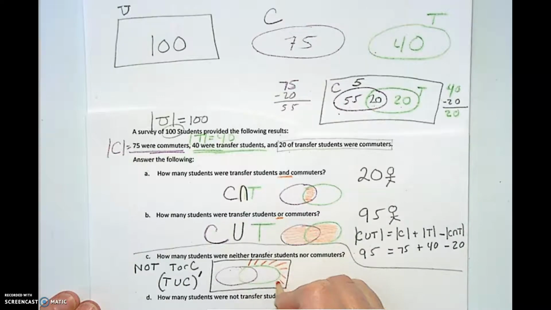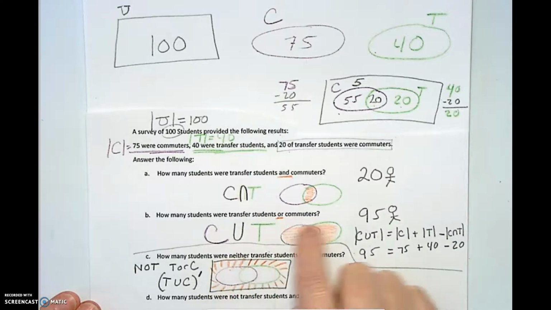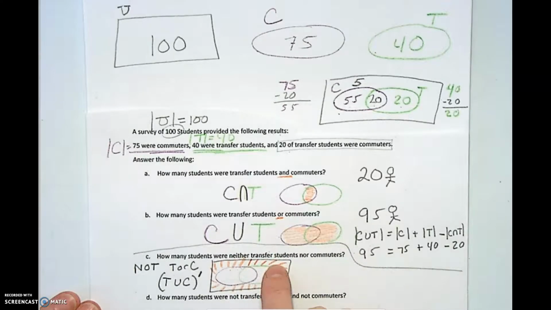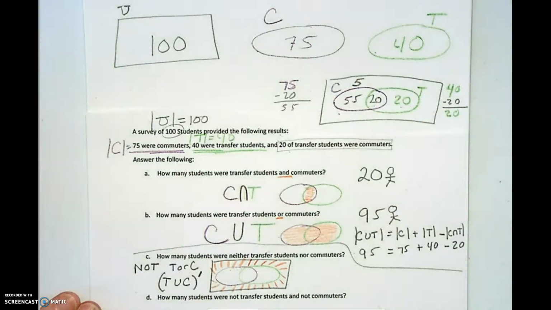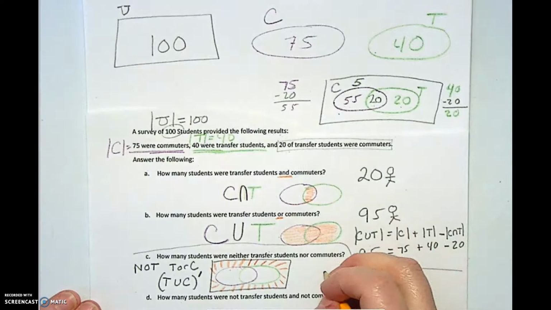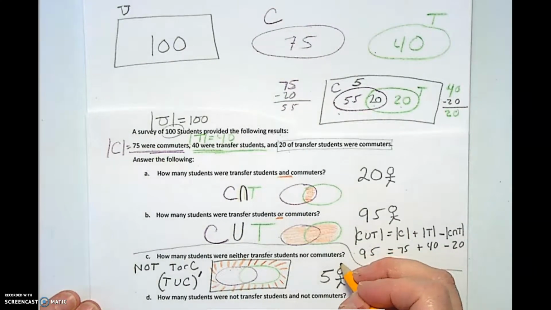So the opposite of it is all this stuff out here. So we want not that, which is all the stuff out there, which up here gives us that 5. So if you're asked that, then that's how you can look at it. There's probably other ways too.